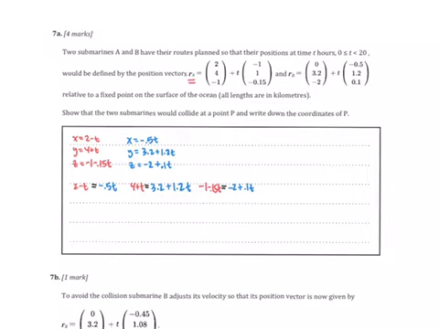Okay, so it looks like if I solve in my x component, I'm going to get 2 equals 0.5t, which means t equals 4. I'm going to plug in a 4 in both of these and see if they're equivalent. If I plug a 4 in here, I get 8 for the first submarine's y component, and I would get also an 8 here for the second submarine's y component at t equals 4.